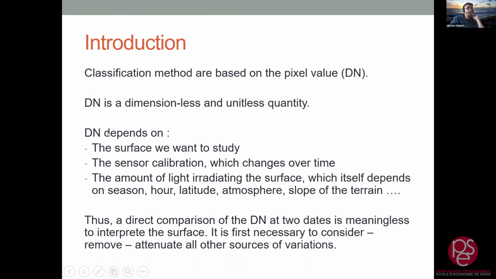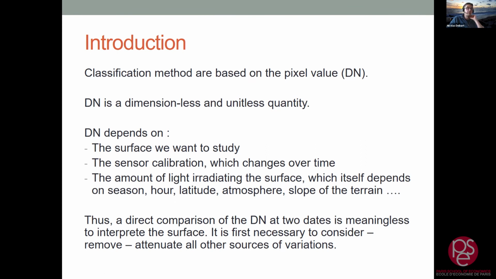This digital number that I've been using in all the examples until now depends on the surface we want to study, through the reflectance of the surface in each spectral band. It also depends on the sensor calibration, and this calibration can change over time. It's not always the same.